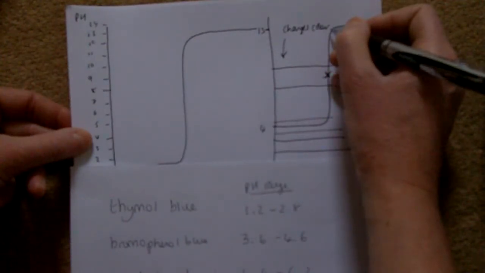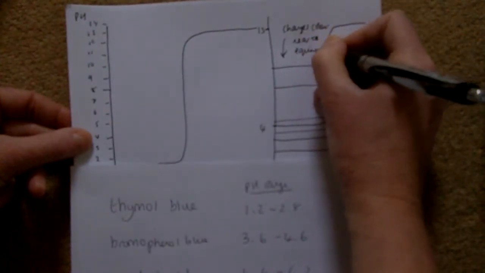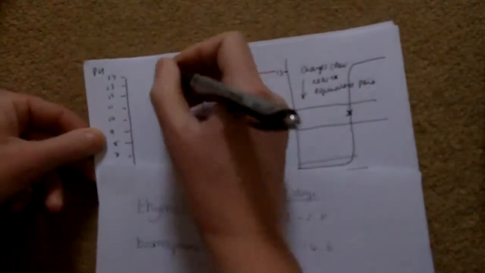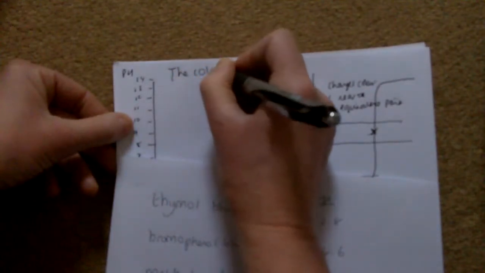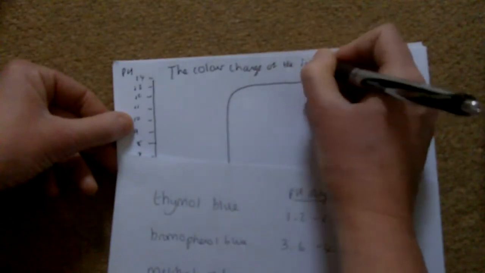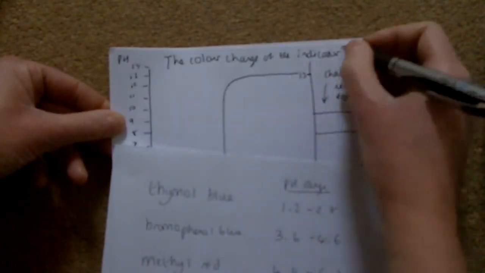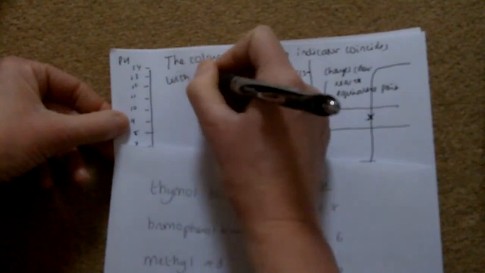So the kind of official way we say it is that the color change of the indicator coincides with the vertical section of the pH curve.